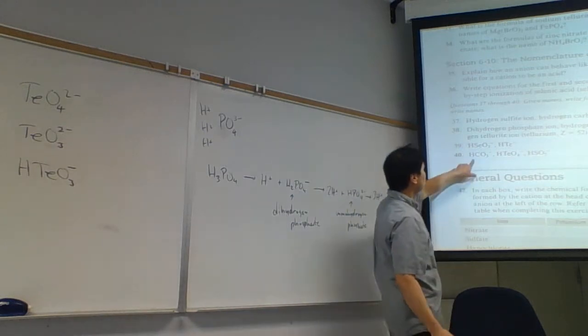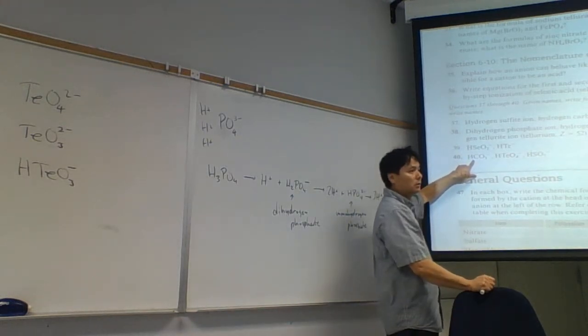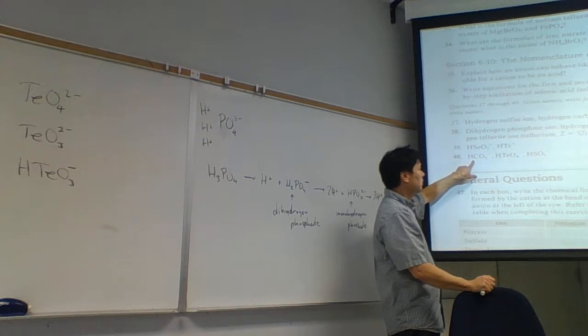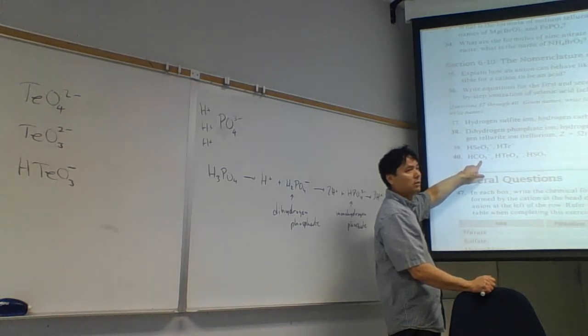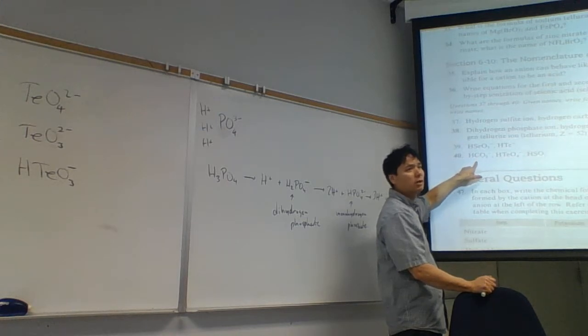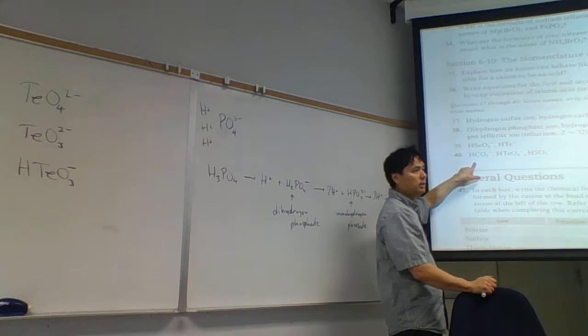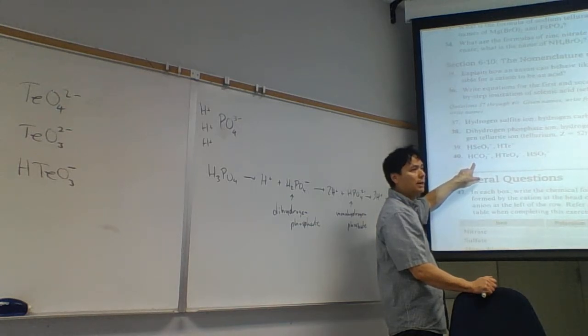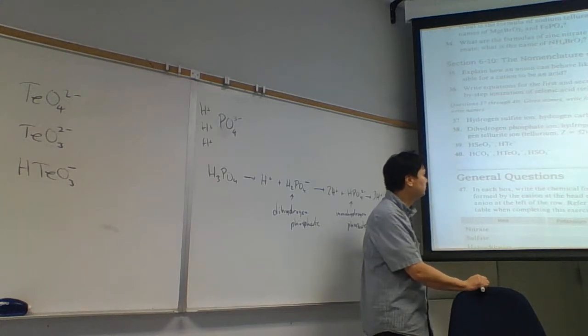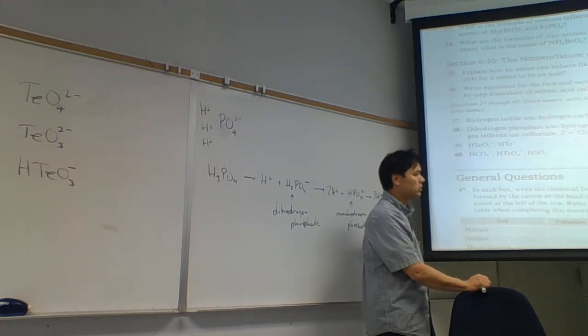What's this first one called? This is the hydrogen ion with the carbonate. So we just call it hydrogen carbonate. Another name for hydrogen carbonate is bicarbonate. So this would be bicarbonate or hydrogen carbonate, or baking soda.